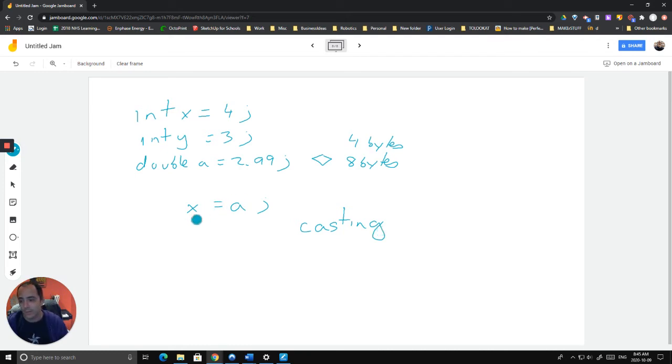Integer is one of those instances, and so what I could do is I could say x is equal to, and the way that we do this casting is by using brackets, and I'm telling the computer now that I want to take this double variable and I want to squeeze it down into a 4-byte integer and store it into the variable x.